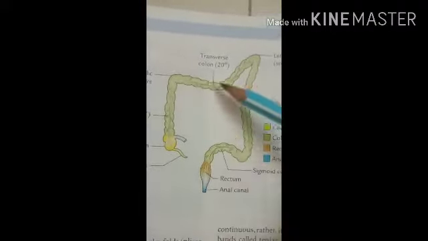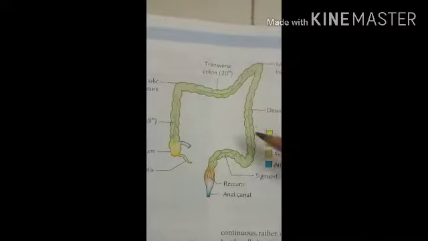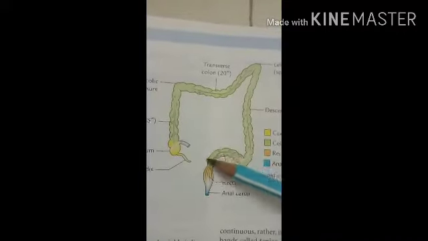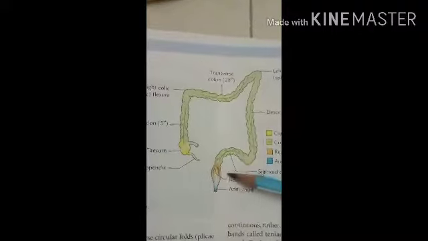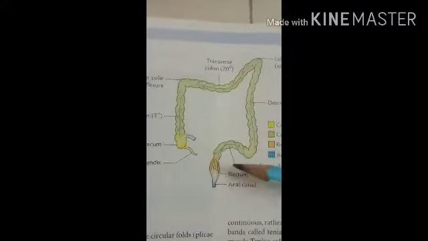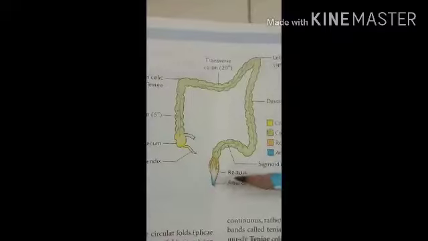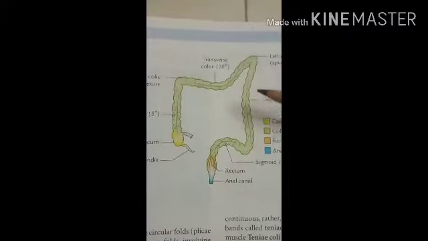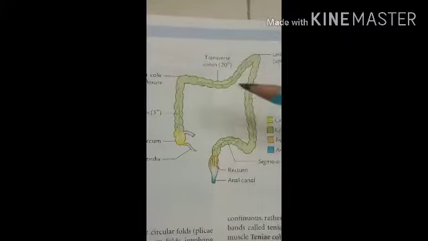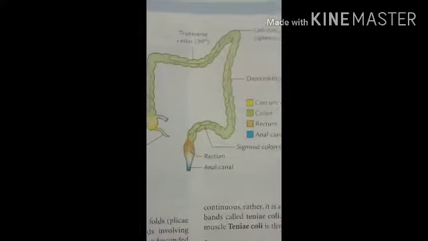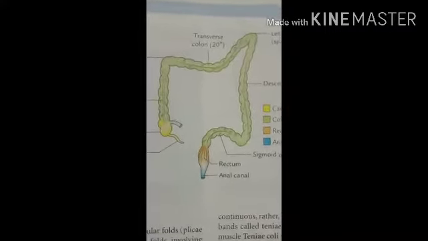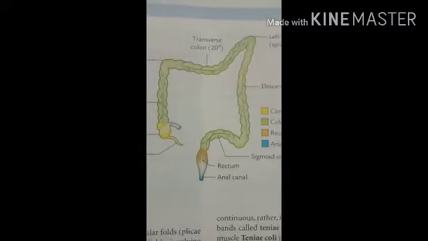They are present in most parts of the large intestine, and very densely in the sigmoid colon. They are scattered on the surface of the intestine and are most numerous on the side of the sigmoid colon. Okay, so these are the specialities related to the large intestine.